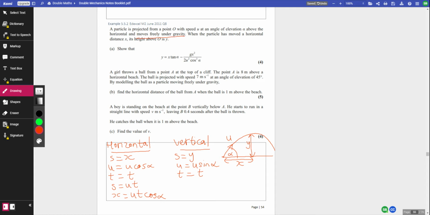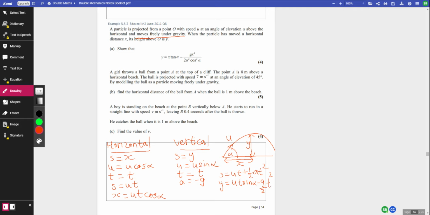So we know that vertically, its acceleration is negative g, negative because it's in the opposite direction to the initial velocity. So we can form the suvat equation s equals ut plus a half at squared, which gets us y equals ut sine alpha minus g over 2 t squared.